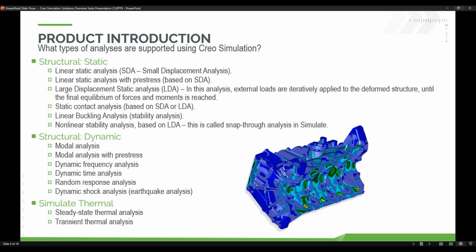Best example I can give for a pre-stress analysis is if you're familiar with pre-stressed concrete, they stiffen the concrete by putting rebar inside the concrete, stretching the rebar a specific amount, letting the concrete set, removing that tension that they have on it so that it compresses back, and in turn it stiffens the concrete.